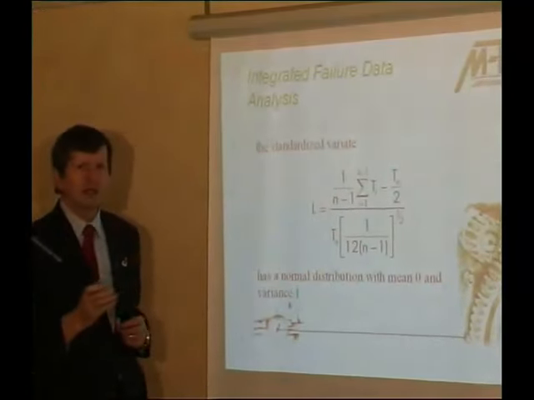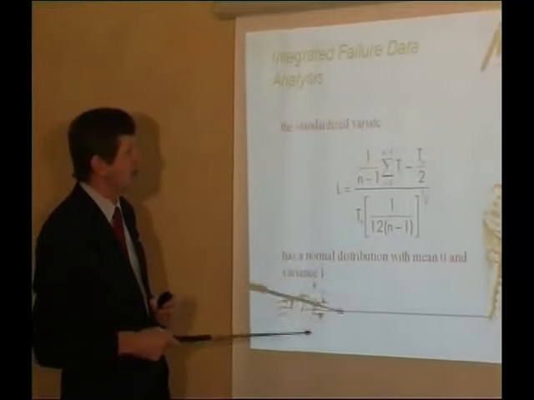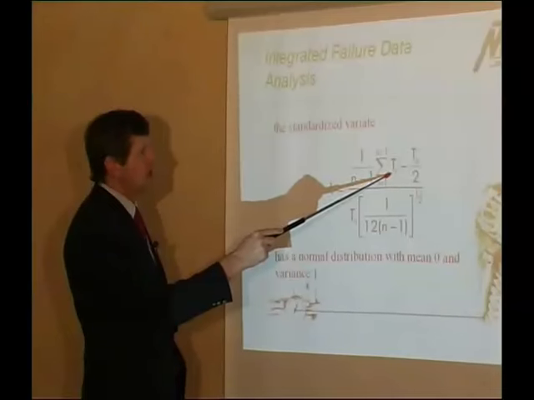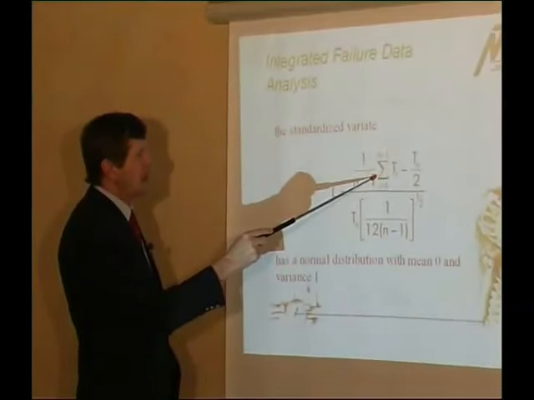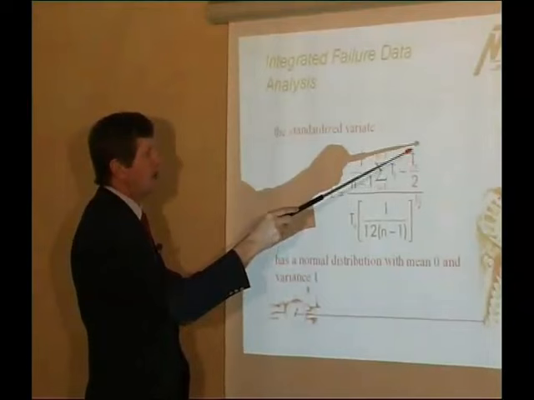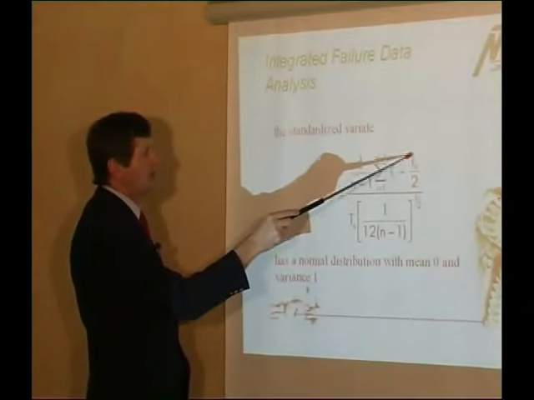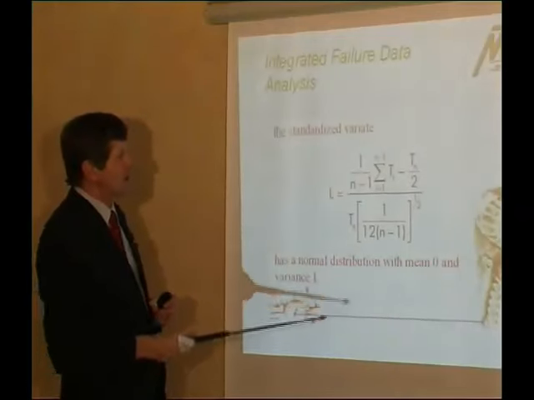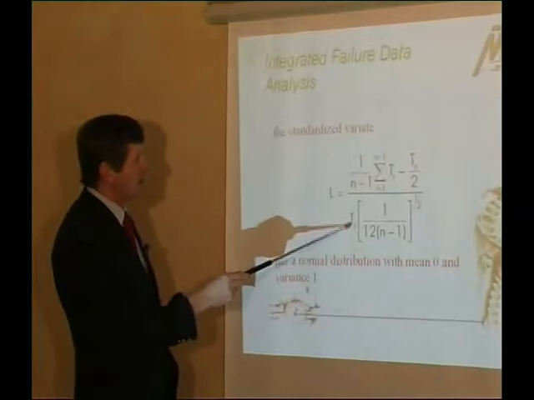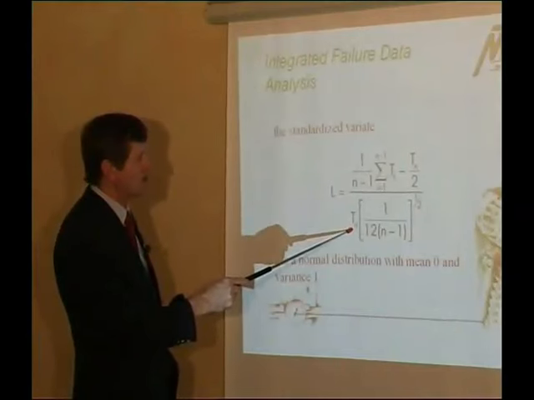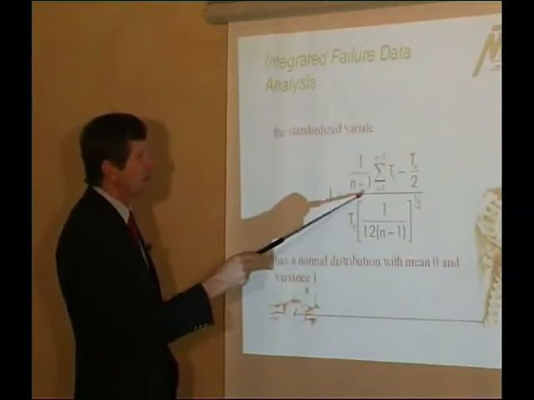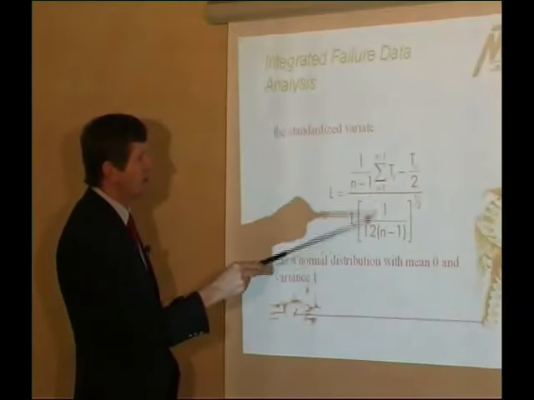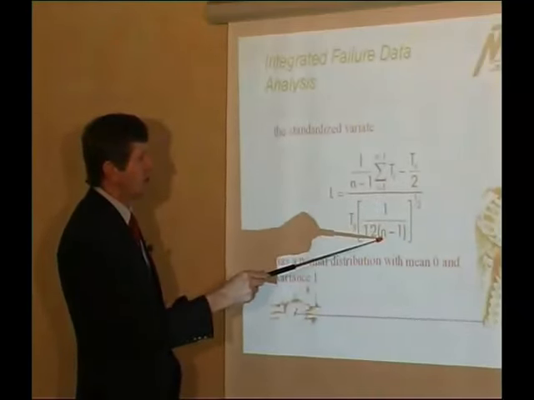And think back to our little diagram where we explained how the arrival times relate to the inter-arrival times. So we take that and we subtract from that half of the value of Tn, the last arrival time to failure. And then that we divide by Tn itself, the last arrival time to failure, multiplied by the square root, this to the power of half, which is the square root of 1 over 12 times n minus 1.